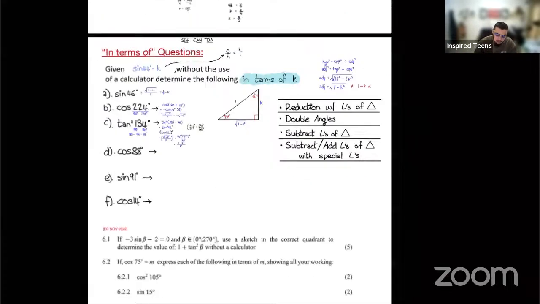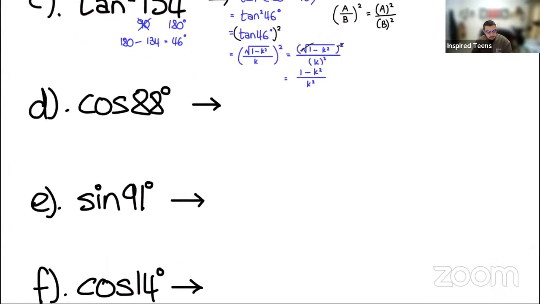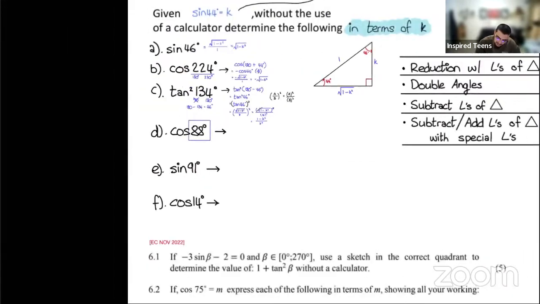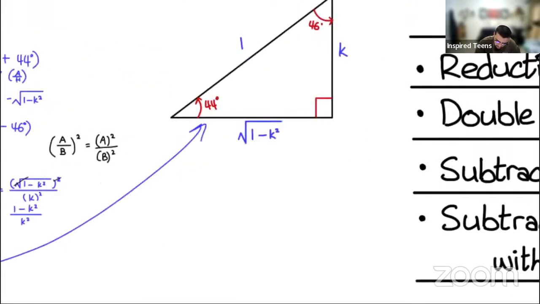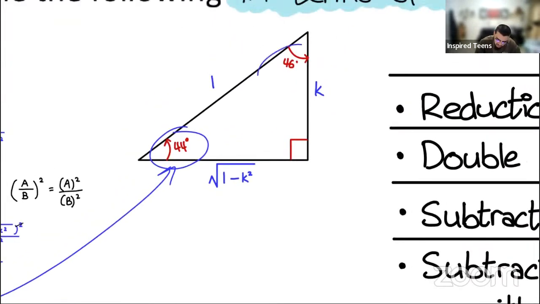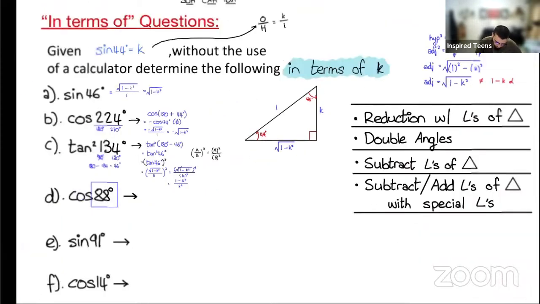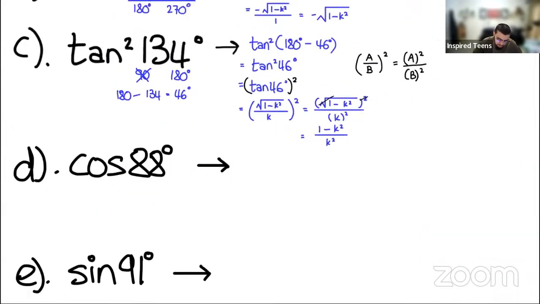Let's try double angles. So what do I mean by double angles? You try to see if the angle that you are given is double one of the angles of the triangle. So you try to see, is 88 double of 46 or is it double of 44? And you'll be like, oh yes, 88 is indeed double of 44. Okay, so now let's re-express it.